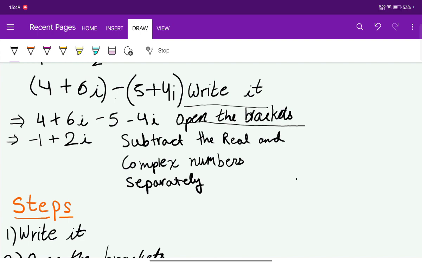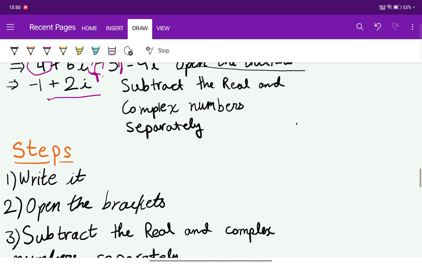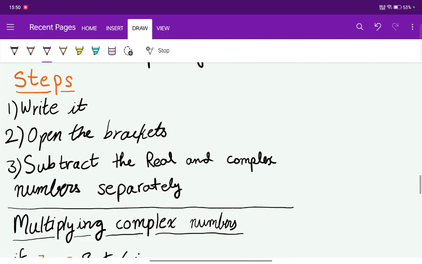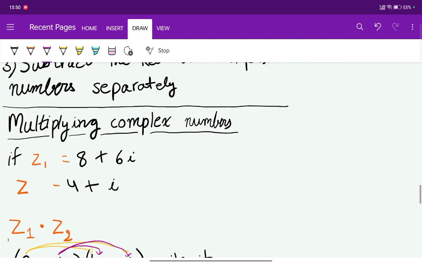So this will mean 4 plus 6i minus 4i. Then we have to subtract them separately. So here are the steps. Write it, open the bracket, subtract the real and complex numbers separately.